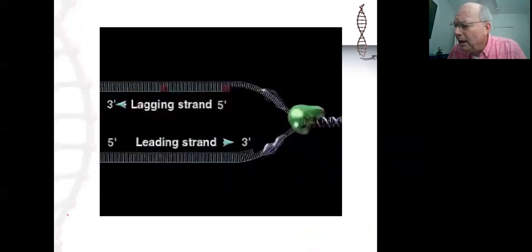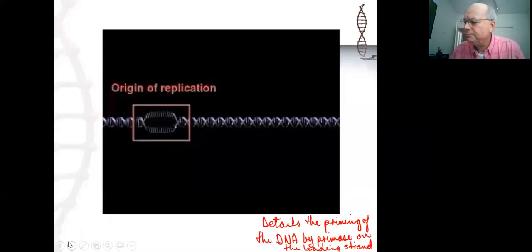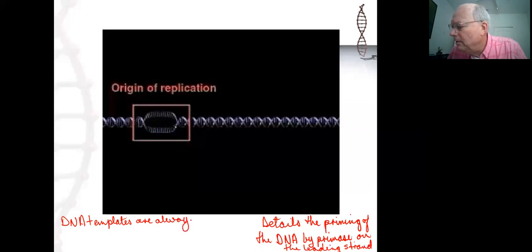So DNA templates are always read 5' to 3'. So when a DNA polymerase or the enzyme in transcription called RNA polymerase reads the template strand, it's always reading that strand in the 5' to 3' direction.